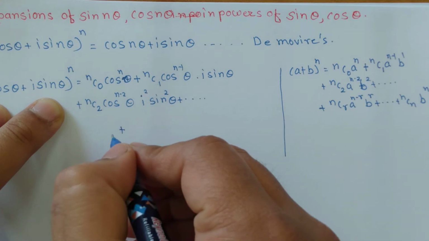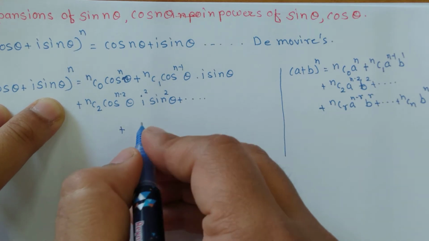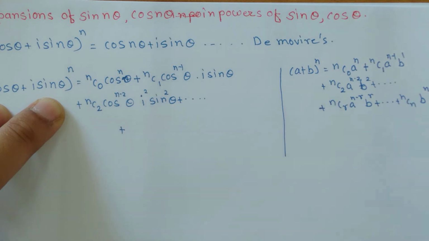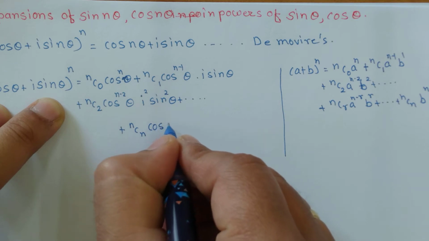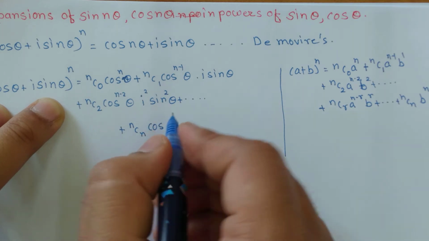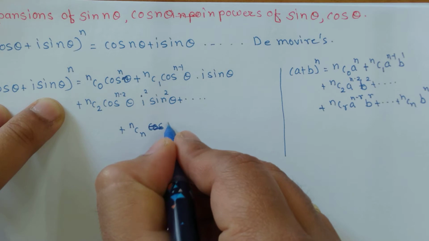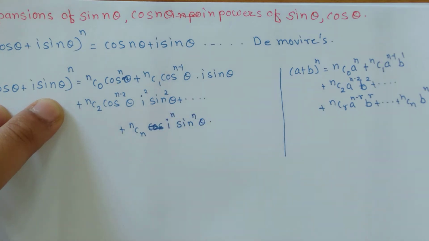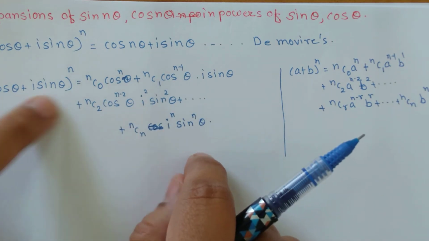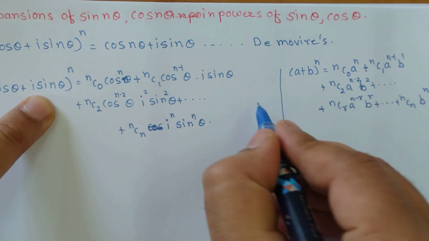And finally we get plus n choose n, cos theta raised to 0, which is nothing but 1, i raised to n sin raised to n theta. So this is how we get the expansion by using the binomial expansion.